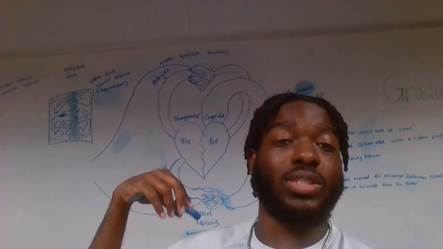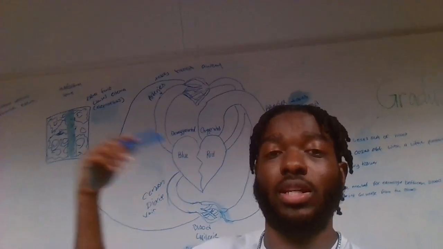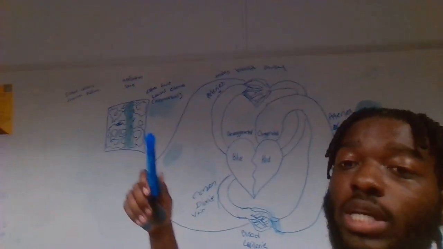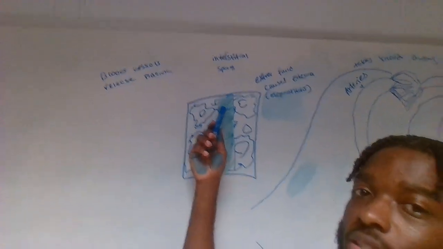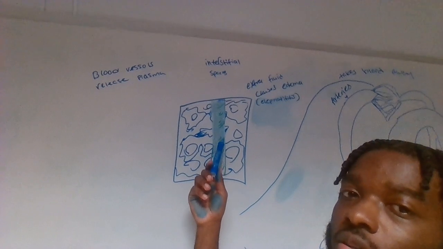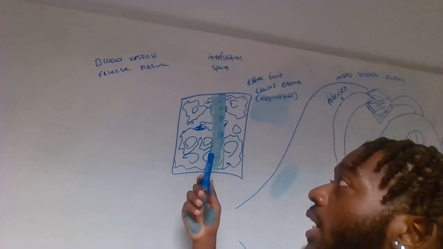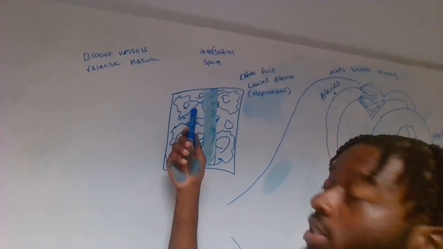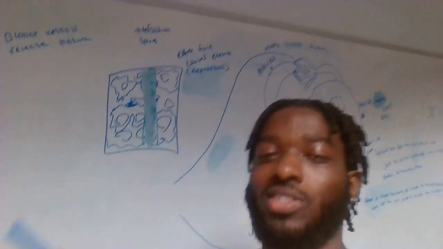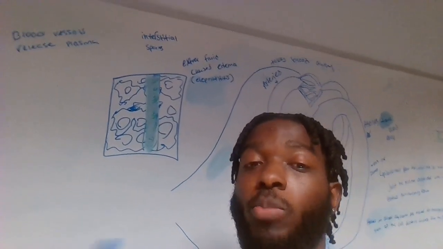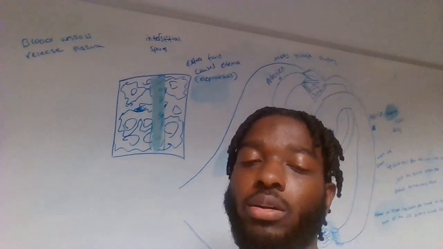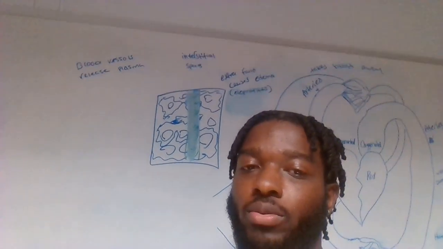When those fluids leak out, we then need our lymphatic system to handle that excess fluid. It looks a little something like this. These are our red blood cells all in an artery, and this is the fluid that is leaking out between those blue circles, which are the cells. We need something to help balance the amount of fluid that we have.